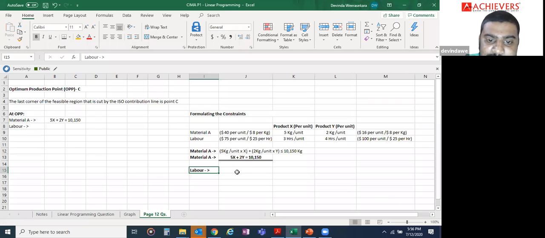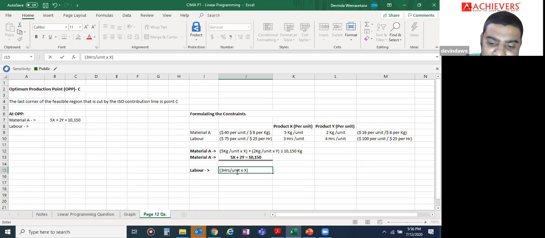So labor, to produce 1 unit of X, we need 3 hours, right? 3 hours per unit into the number of X units plus 4 hours per unit into the number of Y units.